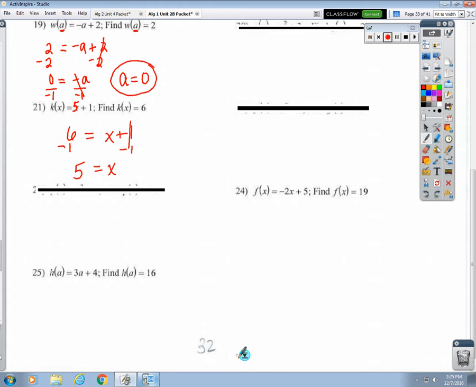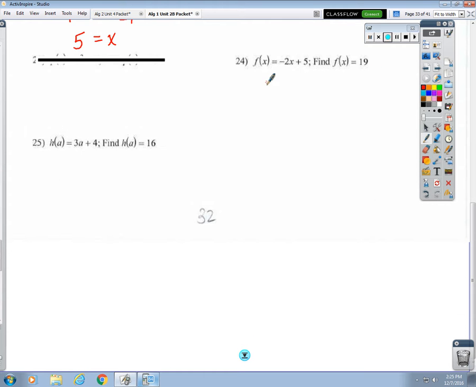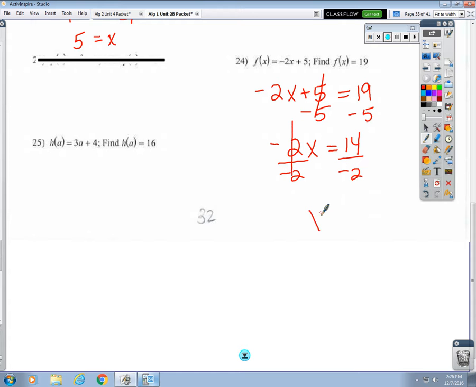If f of x equals negative 2x plus 5 and it equals 19, doesn't that mean negative 2x plus 5 also equals 19? Because they both equal f of x, so they must equal each other. So now to solve for x, what do we do? And so negative 2x equals 14, and then we divide by negative 2, and so x equals negative 7.